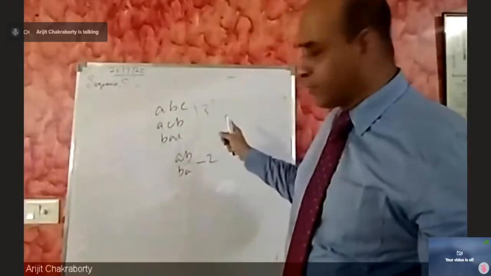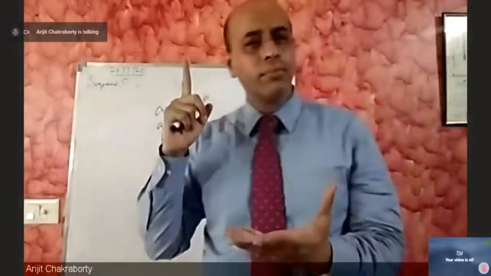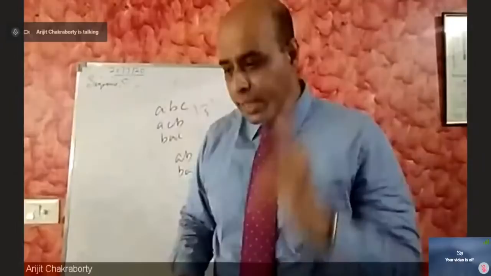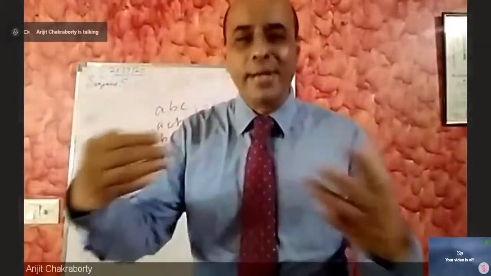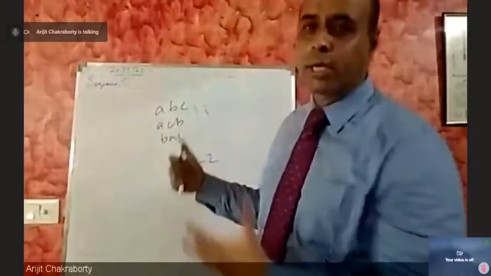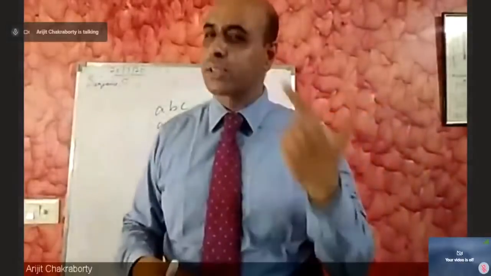If the order is relevant, then it will be a permutation problem. If the order is not relevant, well, it becomes a combination problem. Normally for problems involving committee formation, like we did a number of problems on committee formation, usually it's combination.